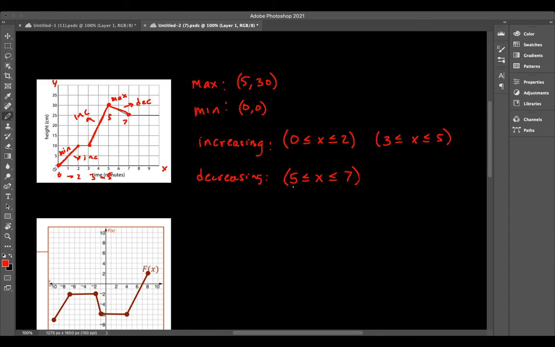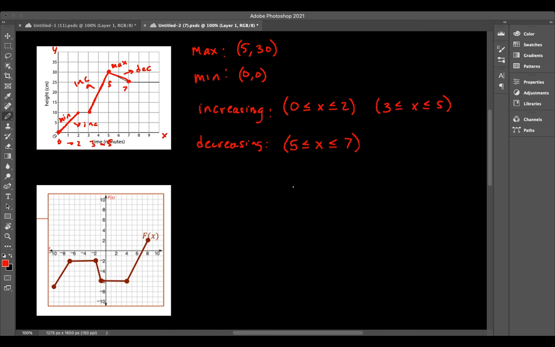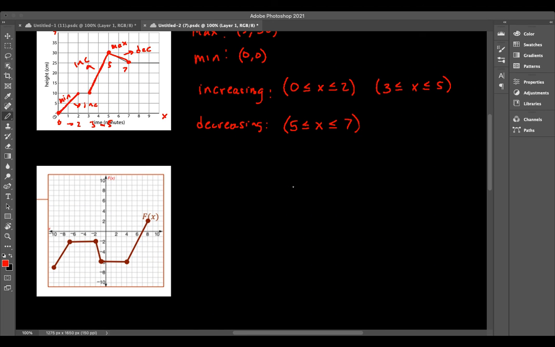So let me do one more problem, and then I can let you guys go, and you guys can practice on your own. Okay, so this one is max, min, increasing, decreasing. So max, looking right at this point right here, boom, this is the max.